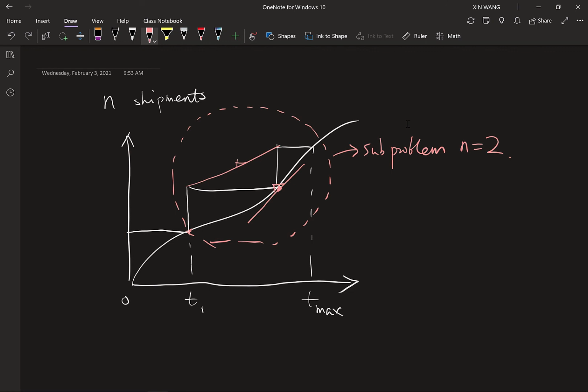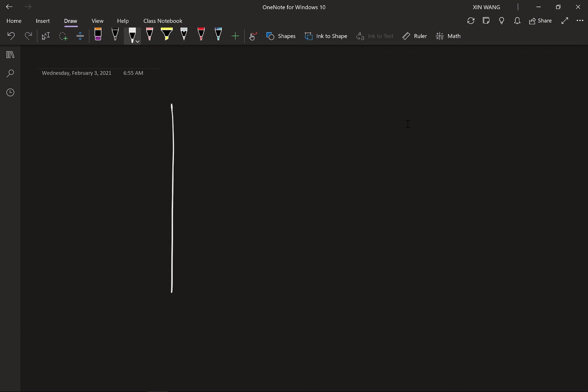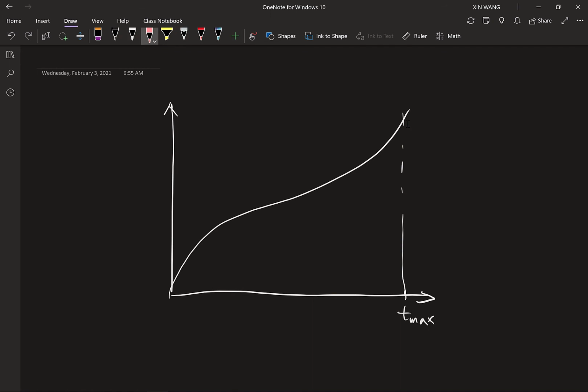In another way, we can generate the optimum solution based on the selection of t1. Let's say we choose t1 at this point. Based on the condition, we have a gradient, and then we draw a parallel line and find the load, so we can find the next time.